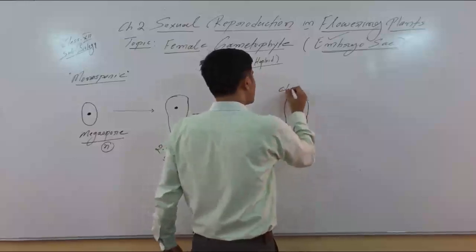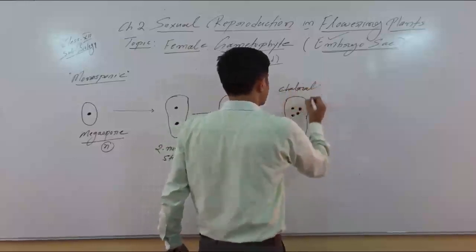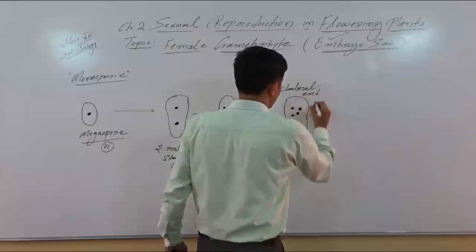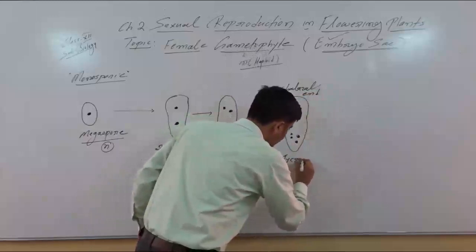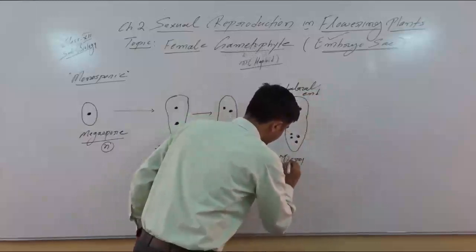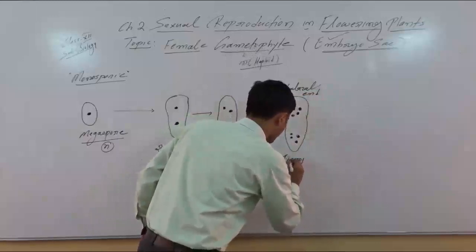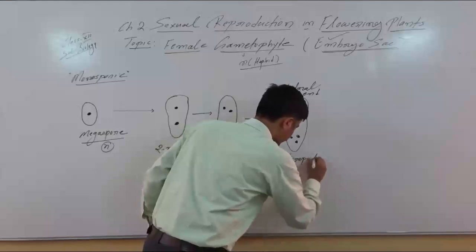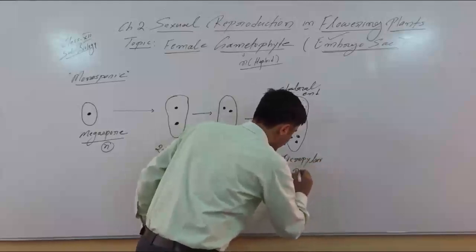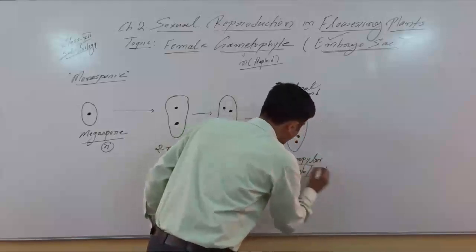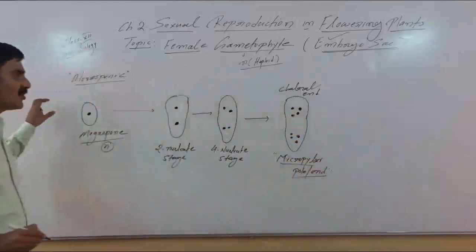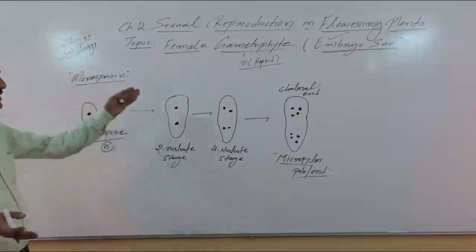So this we can mark as the chalazal end, and this we can mark as the micropylar pole or end. This is to be marked because we know that inside the ovule there is a certain location.